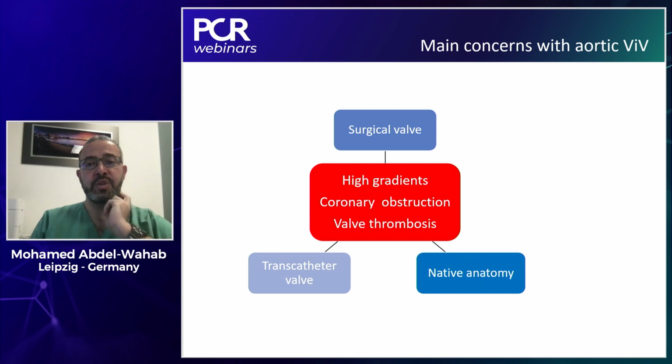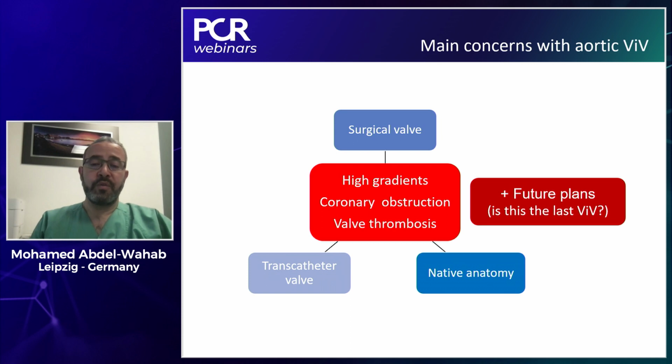So the main concerns with aortic valve-in-valve that relate to this interplay of surgical transcatheter valve and native anatomy are listed here on this slide. So we have concerns of higher gradients, we have concerns concerning coronary obstruction, and we have some concerns related to valve function and durability.